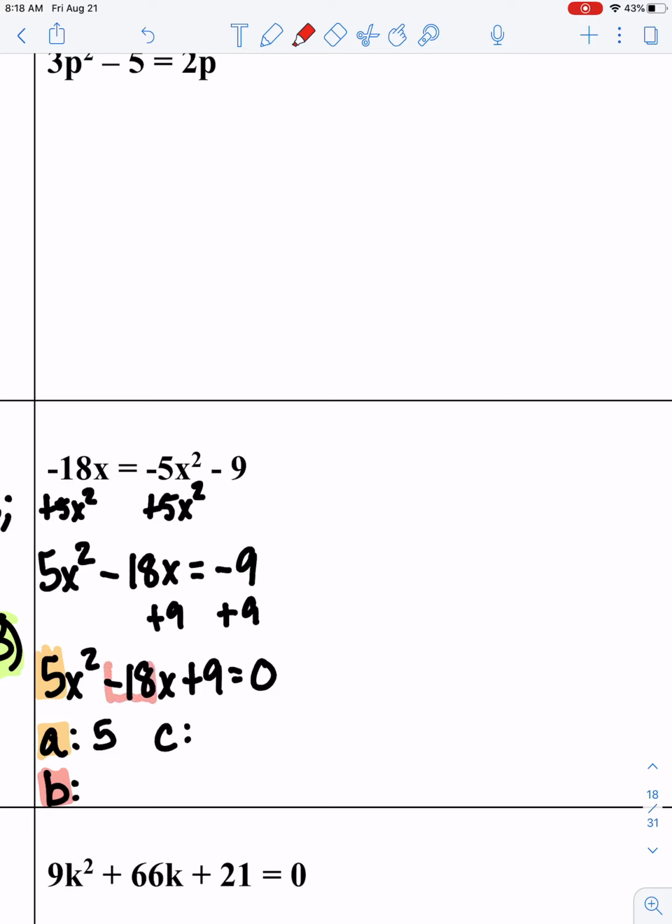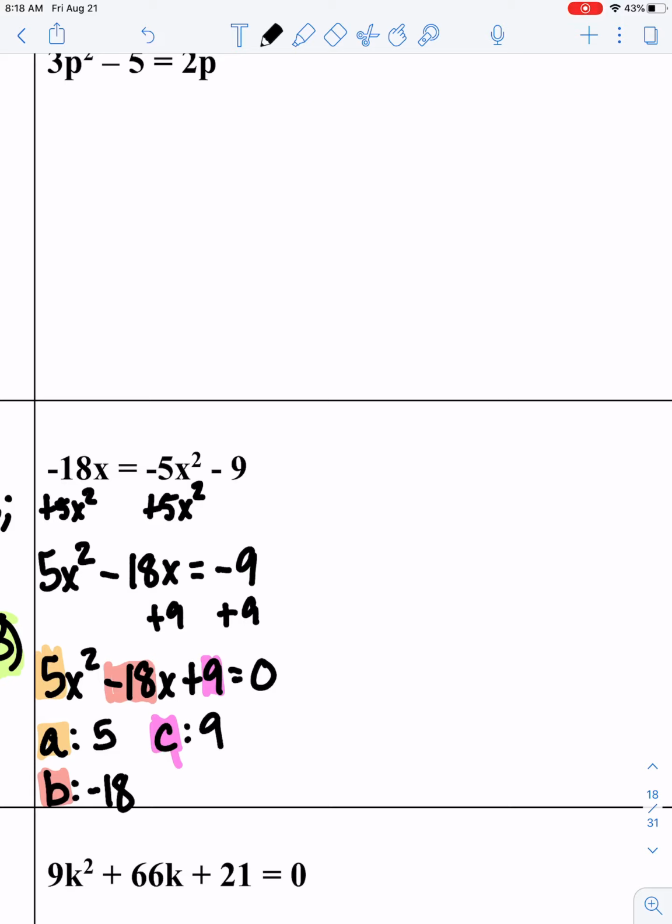Here it is important to take the signs. The only time I take the sign is if it's a minus, just to let me know. So negative 18. And then my C value is just my number or my constant, and it was 9.